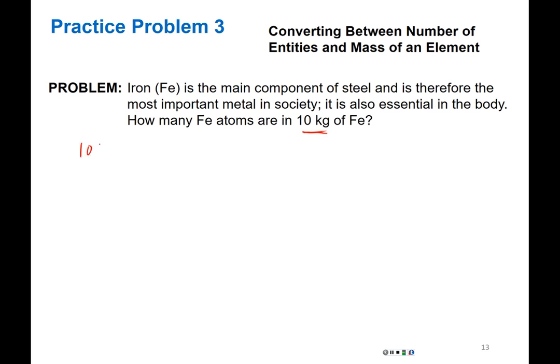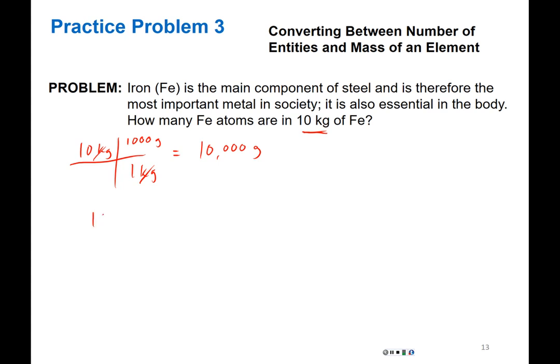If you're at all uncomfortable, just write it out and do dimensional analysis, right? There are 1,000 grams per 1 kilogram. So we're multiplying by 1,000 and we get 10,000 grams. Kilograms cancel. So that's the amount of iron we have.